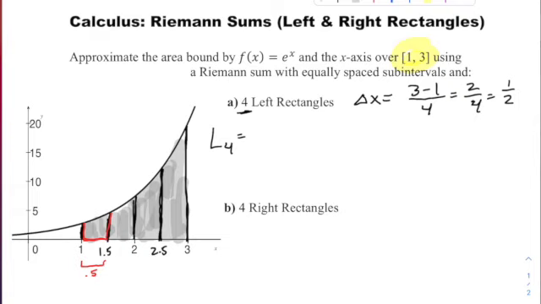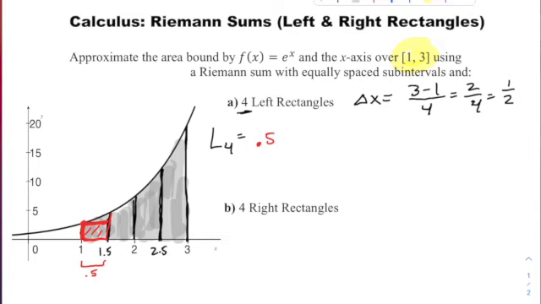But this first rectangle has a base of 0.5 or 1/2, and the height of it is where the left part comes into play, because as you can see, if I use this side as the height, it's going to be a shorter rectangle. If I use the right side as the height, it's going to be a taller rectangle. And so we're doing left rectangles, so that means for each interval, you're going to use wherever that left side of the interval hits the curve, and you draw straight over, and that is going to be your rectangle.